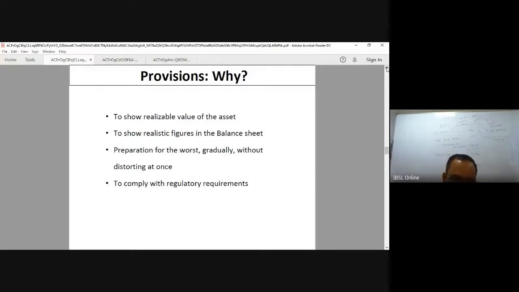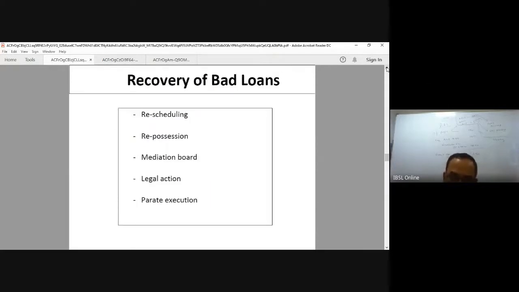The other thing is you comply with the regulatory requirements. That's why you need to make provisions progressively. Okay. So your recovery of bad loans.